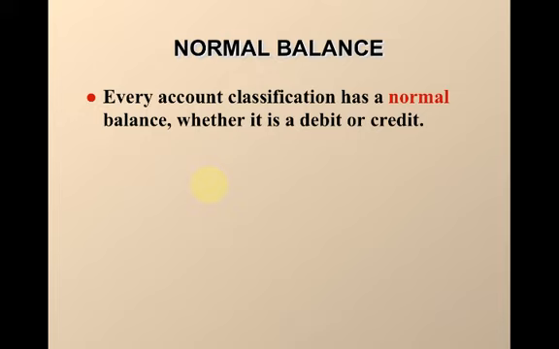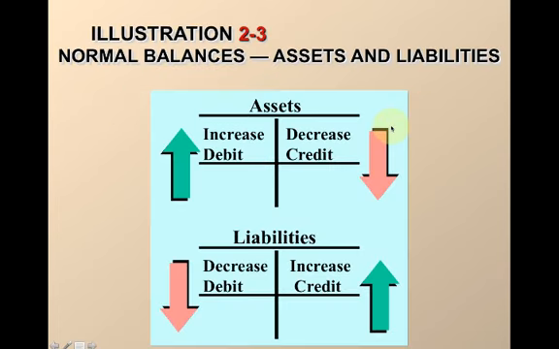I already talked about normal balance, but just to remind you, every account classification, so when I say classification, I mean assets or liabilities, has a normal balance, either a debit or a credit. So assets' normal balance goes on the debit side, and I always remember because assets are on the left side of the balance sheet.